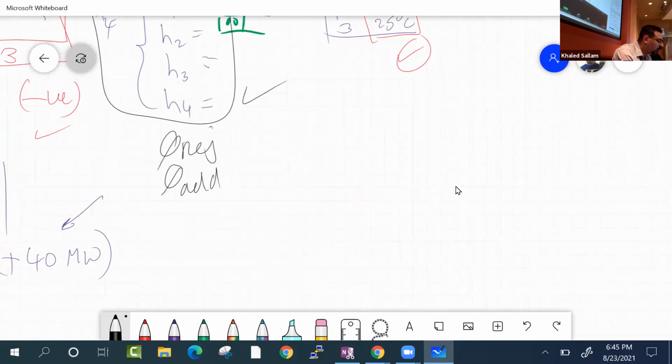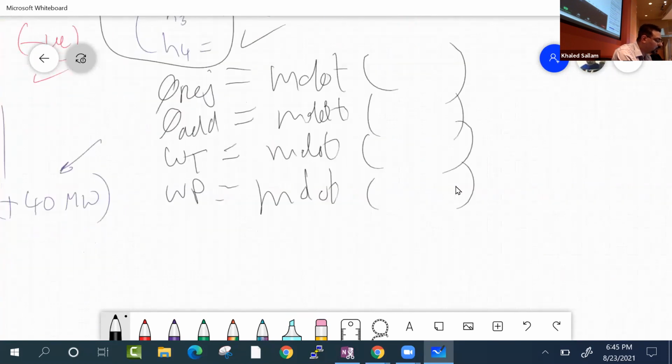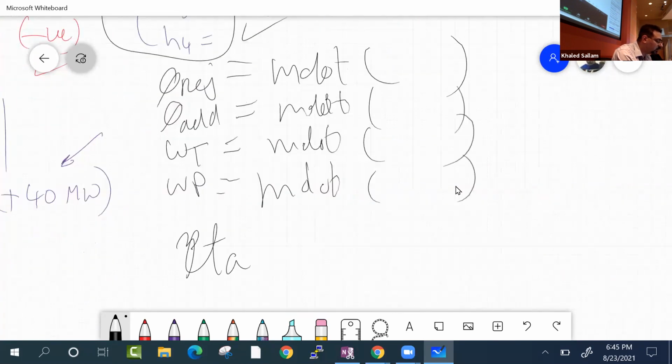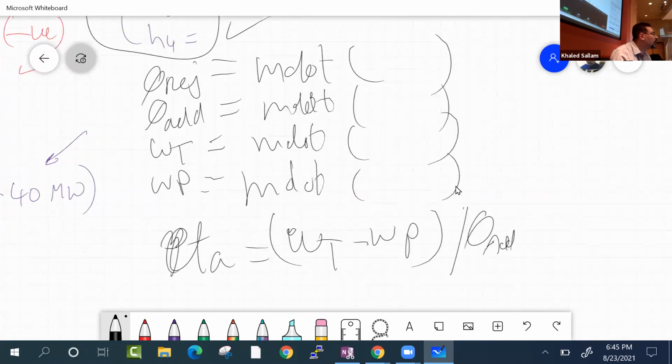And you calculate every one of them, M dot times H minus H, M dot times H minus H, and then eventually eta. You can call it eta or something. Eta equals work turbine minus work pump divided by Q added, right?